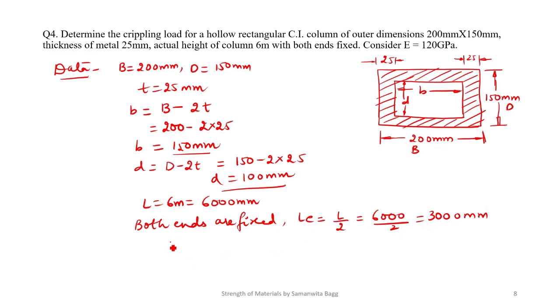E value is given as 120 gigapascal. Now you can convert this, you will get 1.2 into 10 raised to 5 Newton per mm square. To find the crippling load, I need to calculate PE.